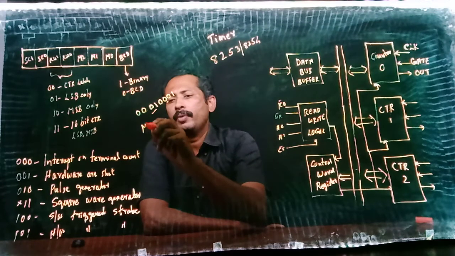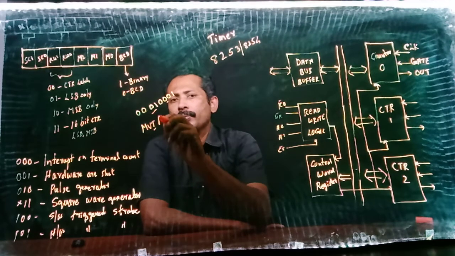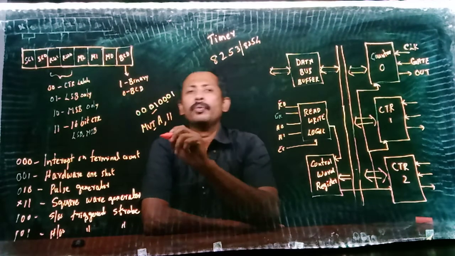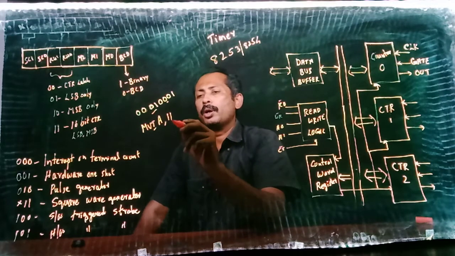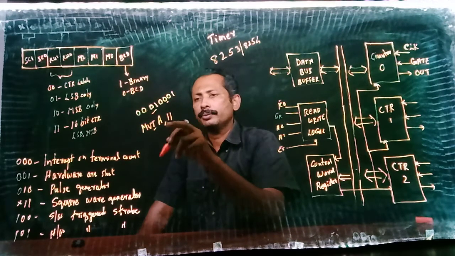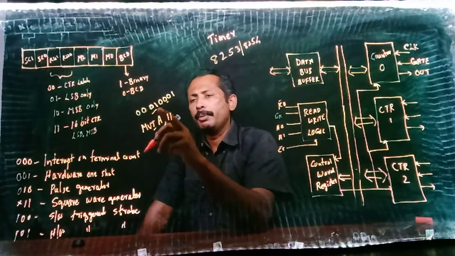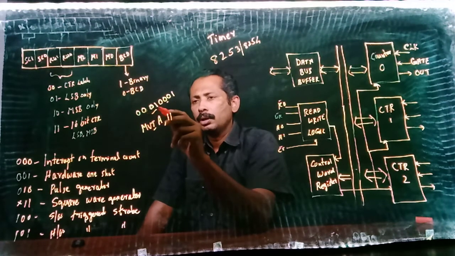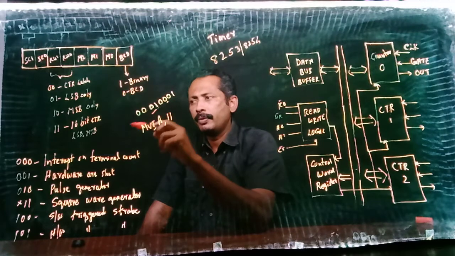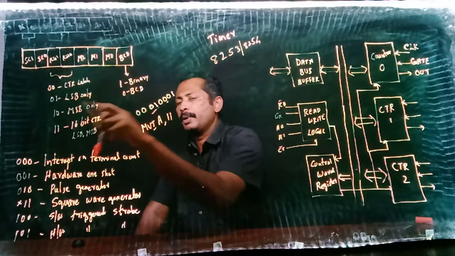So MVI A comma 1 1 means I have loaded the corresponding control word. This control word has many meanings. The first 2 bits indicate that we are using counter 0. The next 2 bits indicate that we are using an 8-bit LSB count.